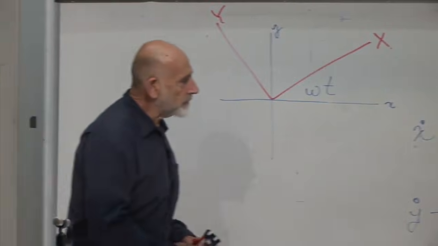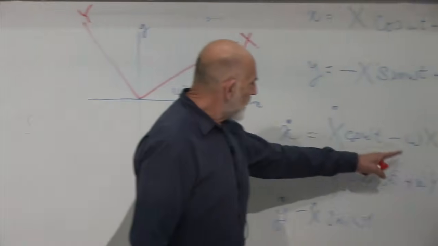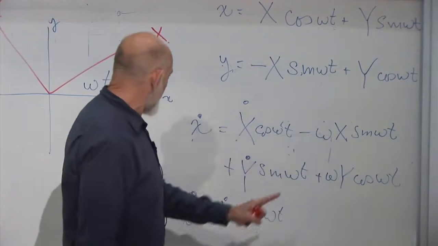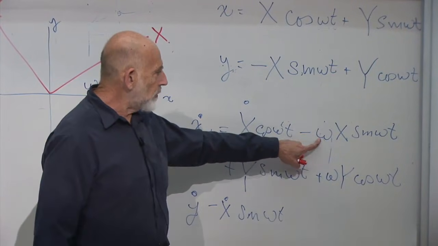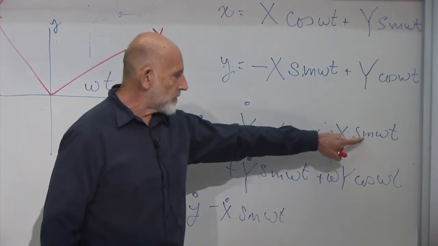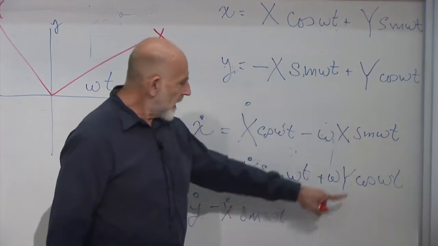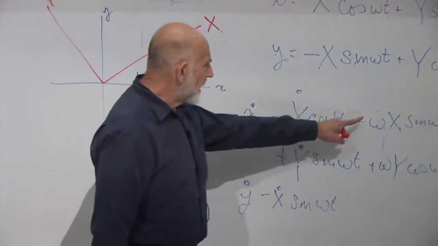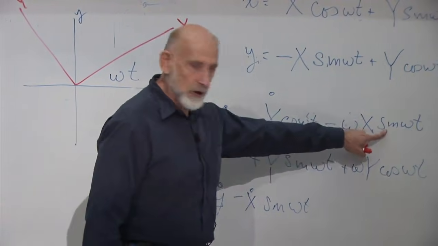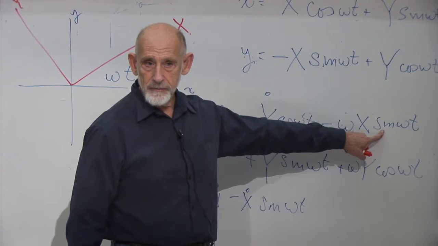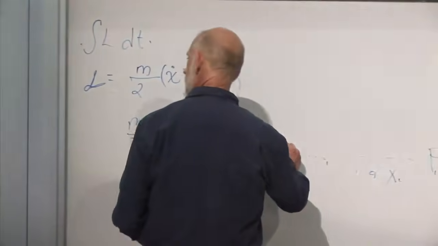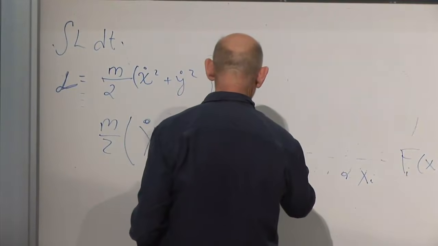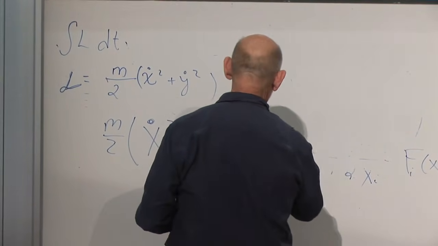Now, the next type of term which appears will be what happens when I square this term over here. This is going to have an omega squared, an X squared, and a sine squared omega t. I will also find in here an omega squared, X squared, cosine squared omega t. Just spend a few minutes with it. So what I'm going to find is, I think, plus omega squared.